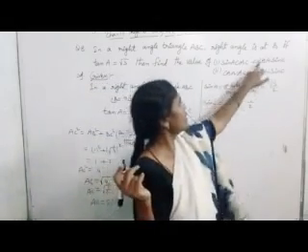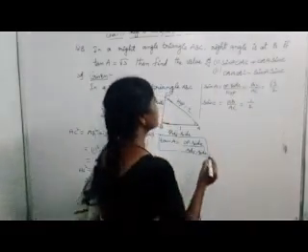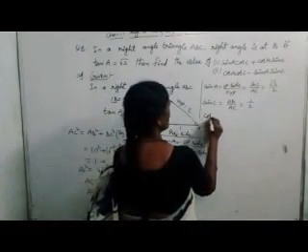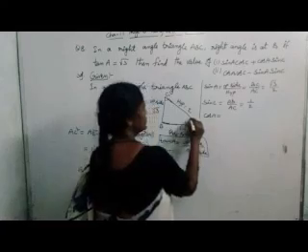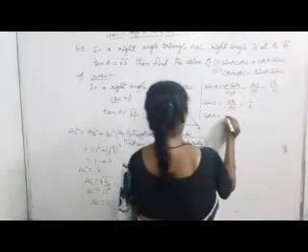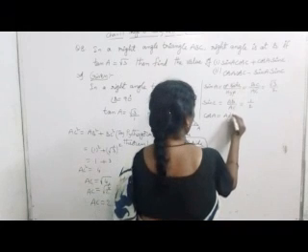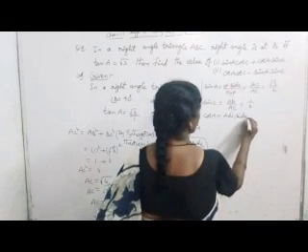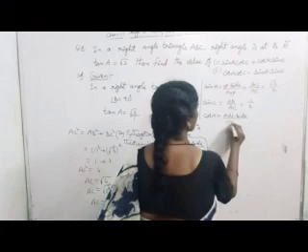After that, cos A, cos C we will find now. Cos A is equal to the sides ratio, adjacent side by hypotenuse.